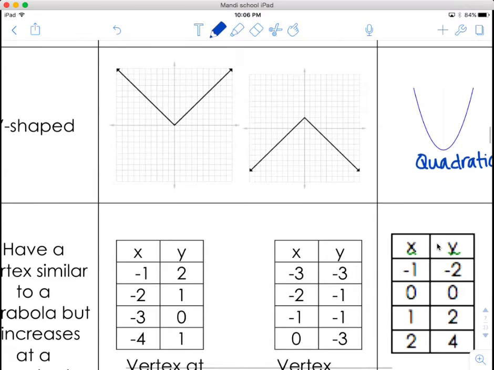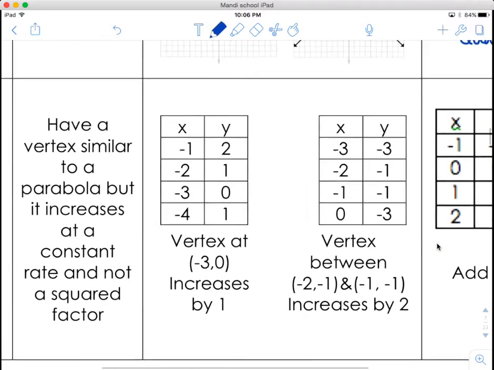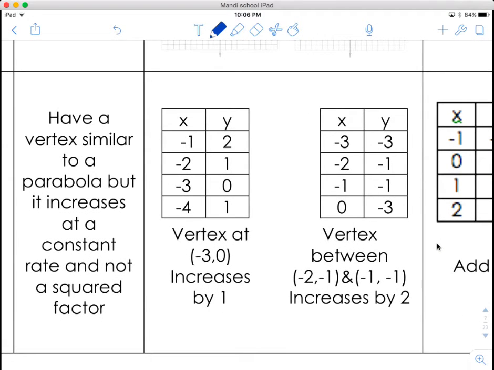The tricky part comes again when you're looking at the tables. So they have a similar vertex to the parabola, but a parabola doesn't increase at a steady rate. A parabola increased like maybe the first time by 2, the next time by 8. This time it has a vertex, but it increases by a constant amount, just like a line does. So it's really difficult sometimes to tell the difference.